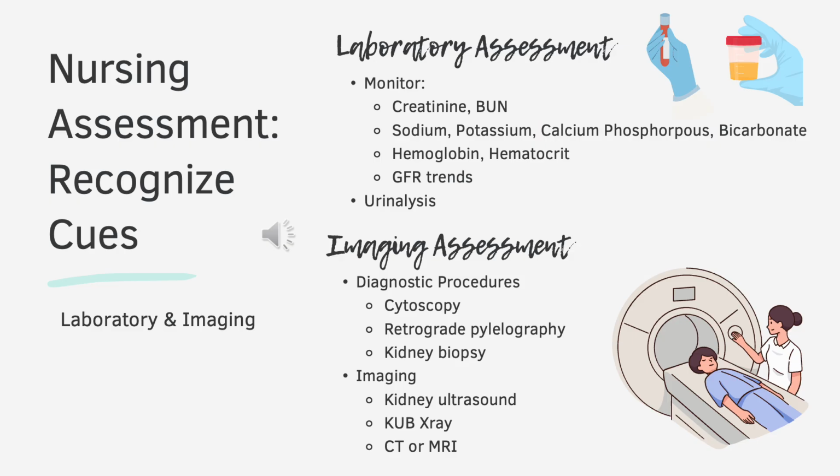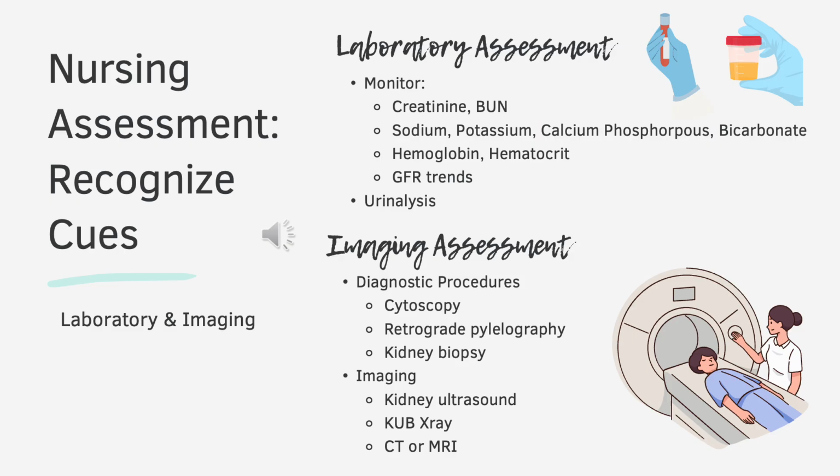We also need to get a glomerular filtration rate, or GFR, because these trends are very important for understanding the kidney function over time. We also need to get a urinalysis. This is another key diagnostic tool. In the early stages of CKD, a urinalysis might reveal the presence of protein, glucose, red and white blood cells, and changes in specific gravity.